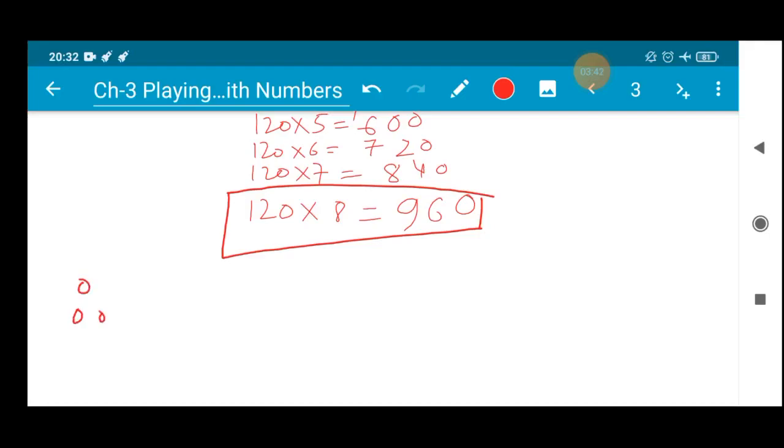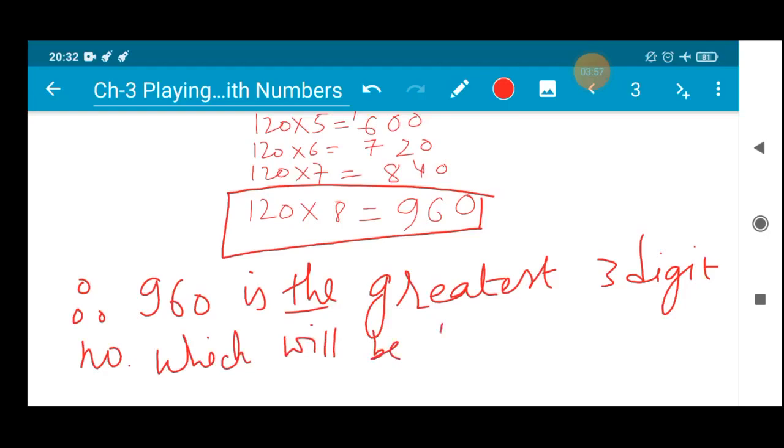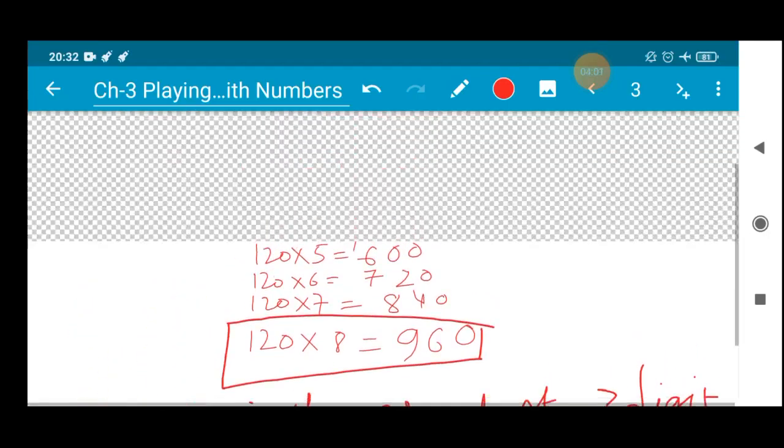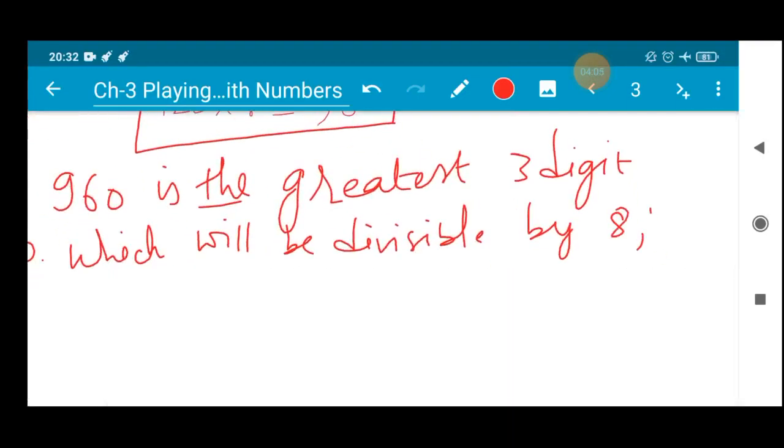So therefore 960 is the greatest 3-digit number which will be divisible by the numbers 8, 10 and 12.